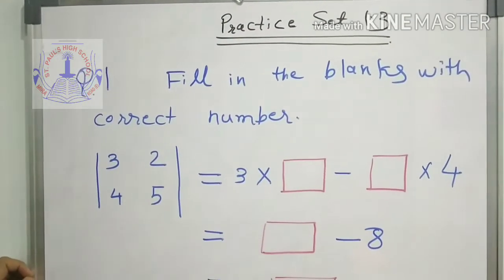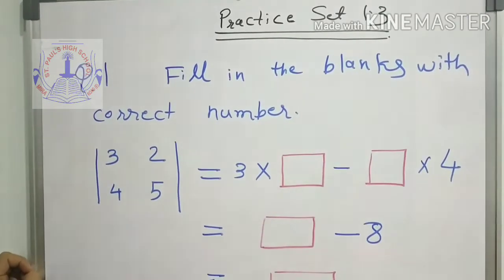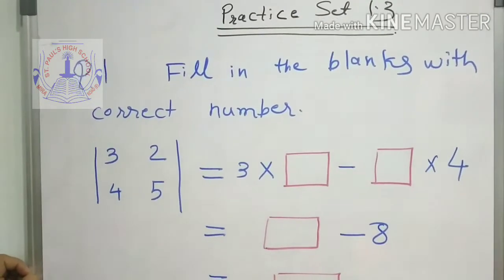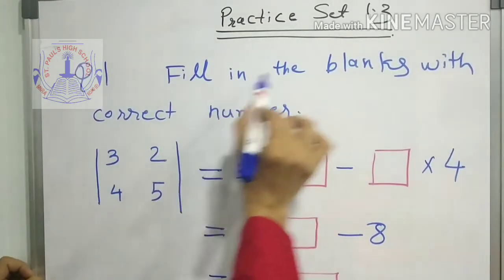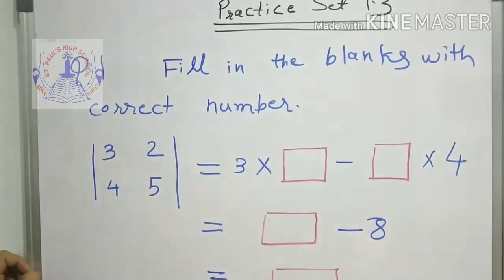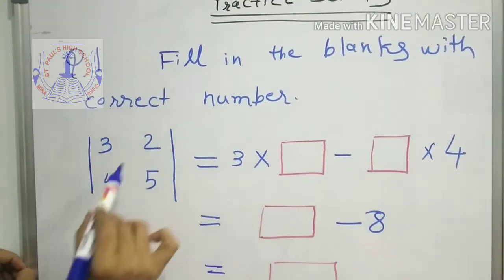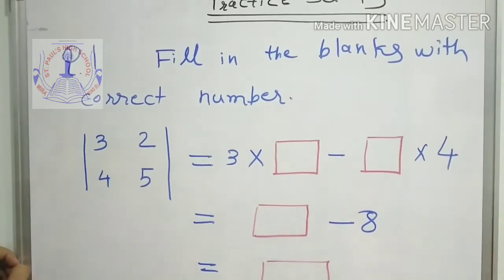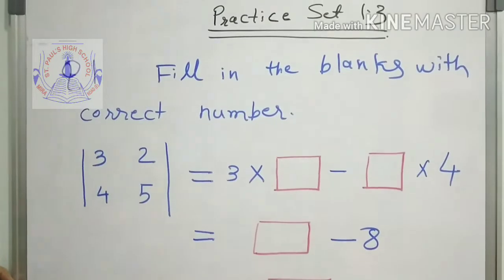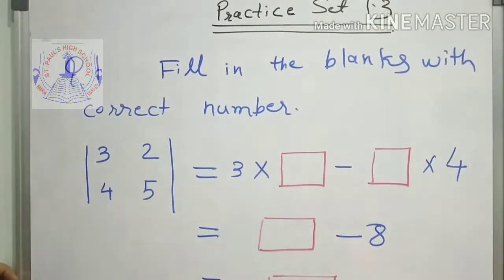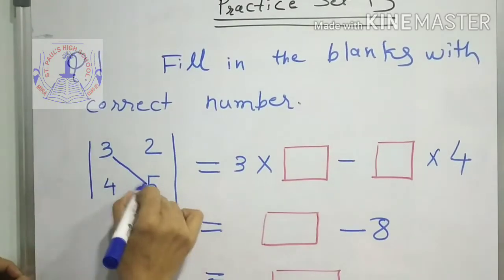Based on the concept of finding the value of a determinant, we will solve question number 1 from practice set 1.3, which is nothing but an activity. Fill in the blanks with the correct number. Here is a determinant in which the elements given are 3, 2, 4, 5. As I explained earlier, to find the value of this determinant we have to do cross multiplication. So first 3 is multiplied with 5.